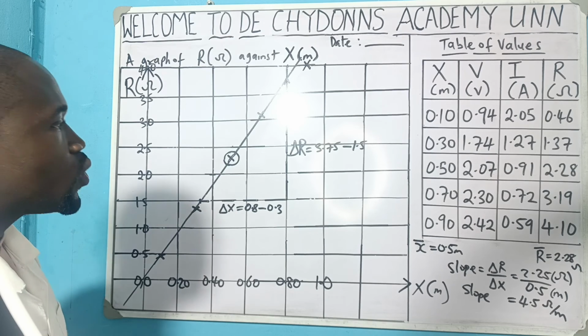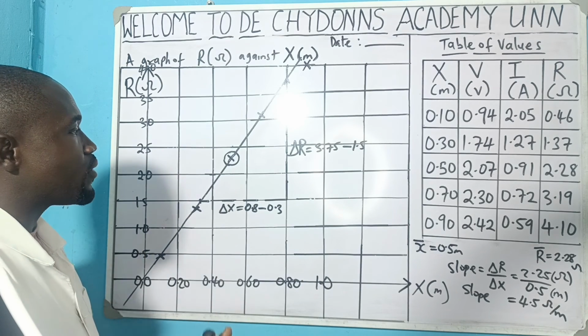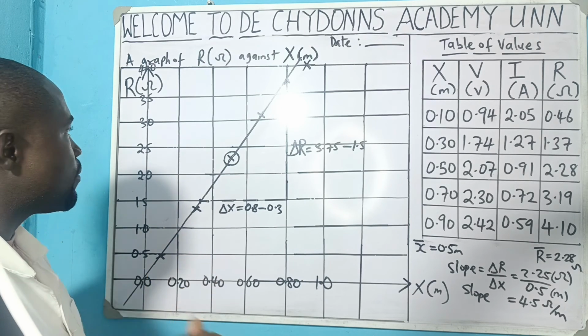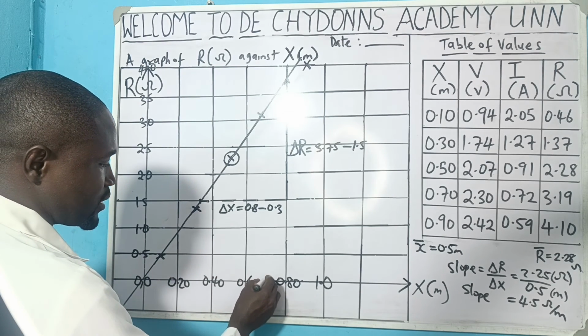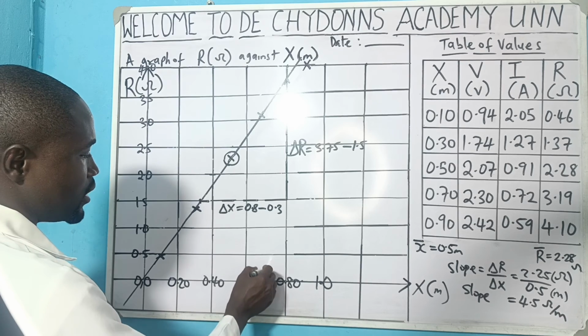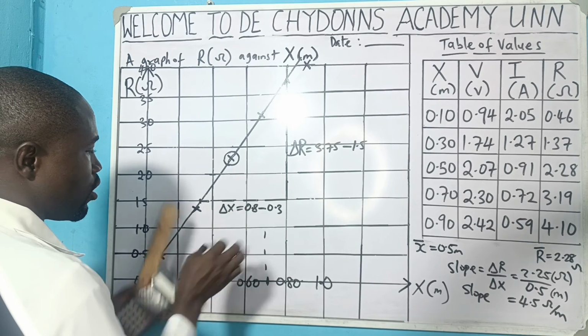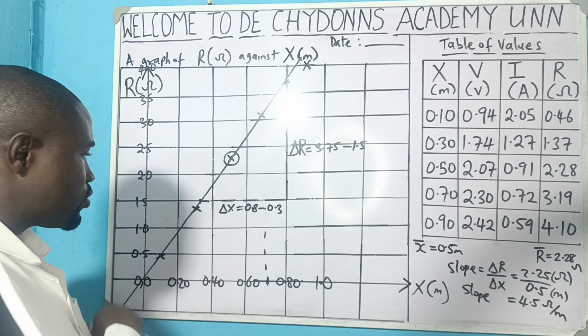Now they ask us to get the value of r when x is equal to 0.7. Look at 0.7, in between 0.6 and 0.8. You trace it up. Use your ruler to trace it up.